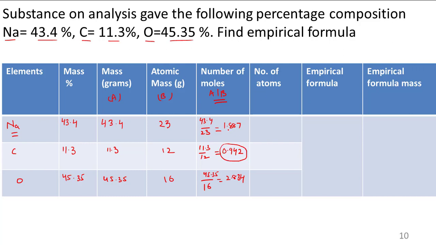That means we will divide all these numbers by this. 1.887 divided by 0.942 is 2, almost equal, so it is 2. 0.942 divided by 0.942 is 1, and 2.834 divided by 0.942 is 3.